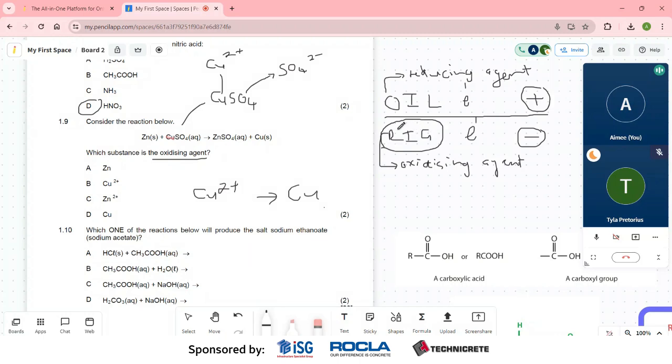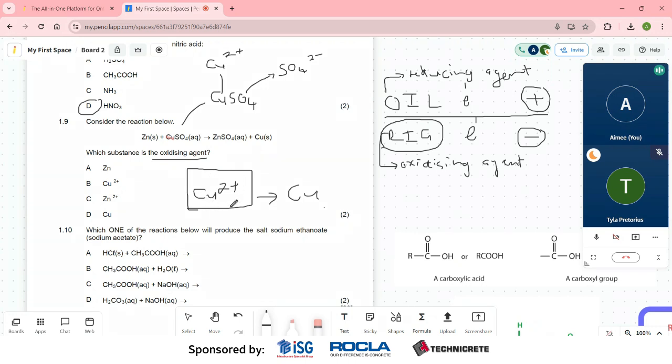And the substance that undergoes reduction is known as our oxidizing agent. And it has to be the form of the atom that accepts electrons. So you can't just say copper. Because in this chemical reaction, Cu on its own is not the version of copper that accepted electrons.